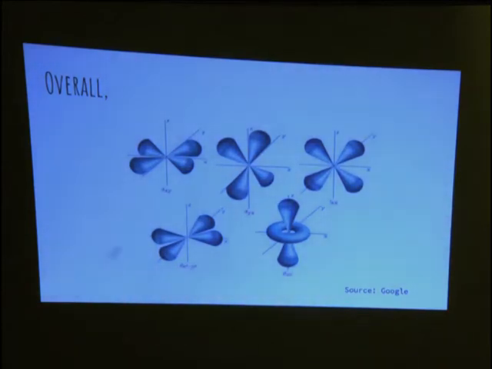So, overall these are the shapes of the d orbital having 5 different orientations, but you do not have to know all these 5 different orientations. For your level you just have to know that the d orbitals have a double dumbbell shape.